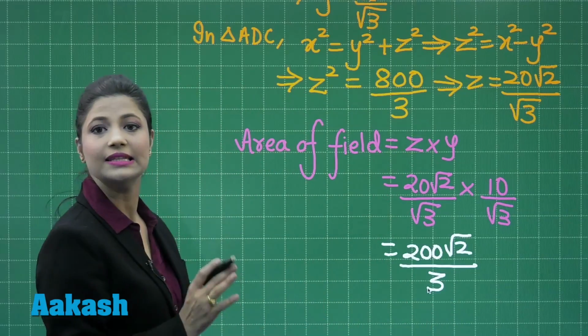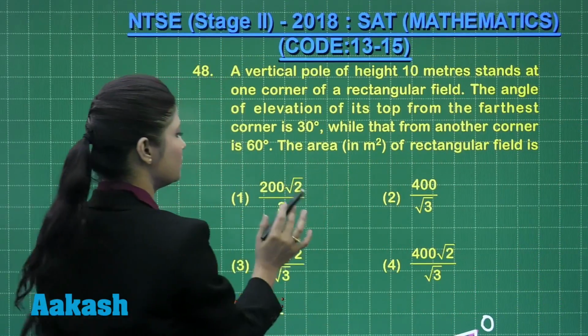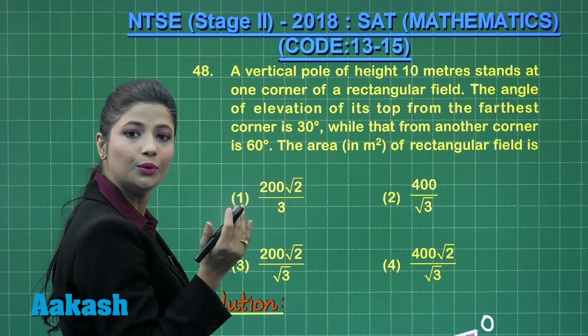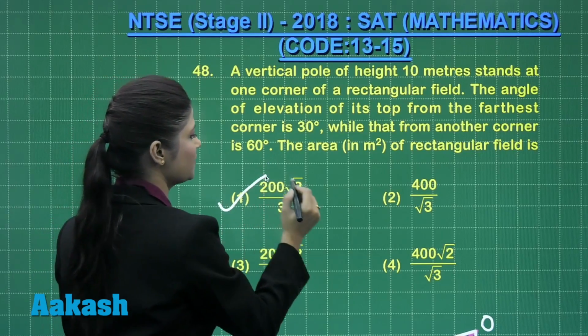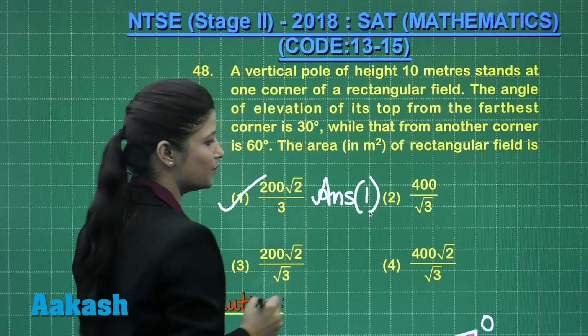So, let's obtain the correct answer for this question. As you have obtained the correct answer, that is 200 root 2 upon 3, which is option number 1, the required answer for this question is option number 1.